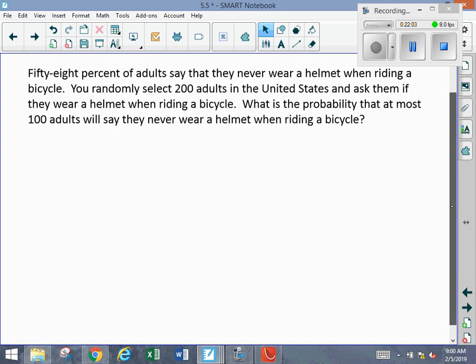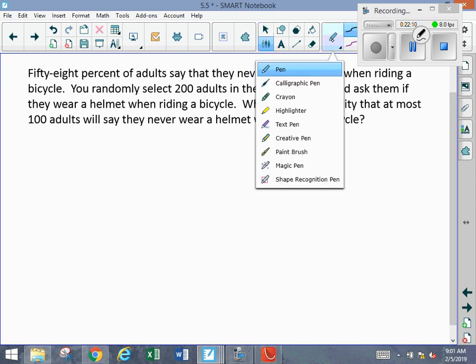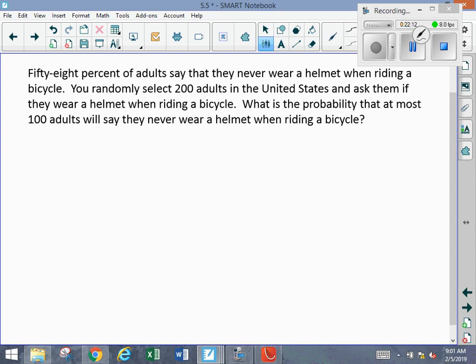All right, let's go ahead and find this probability. 58% of adults say they never wear a helmet when riding a bicycle. Bad idea. So what does that mean? That means that P is 0.58. And then what's Q?